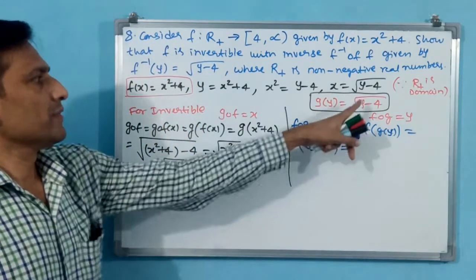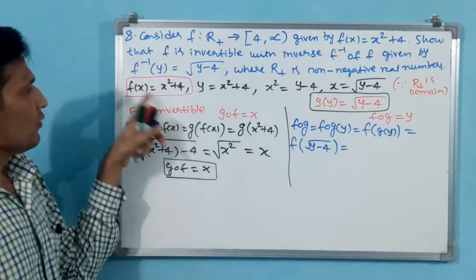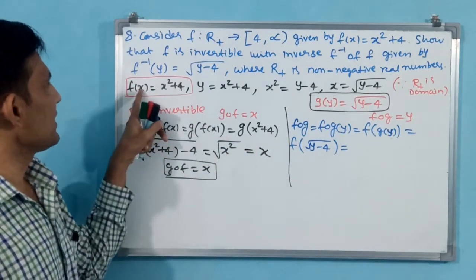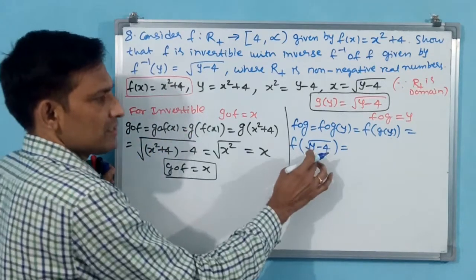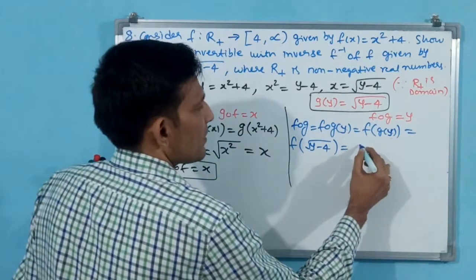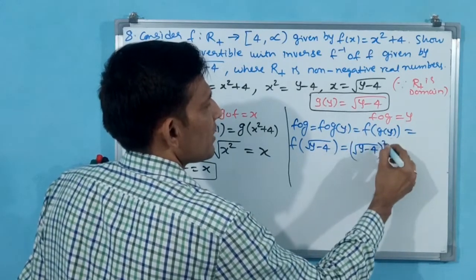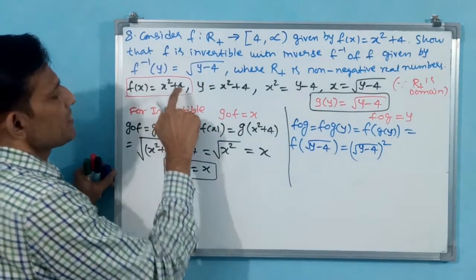This is Gy. Now this is F. If you give X, X square plus 4 will come. That means this is the square root of y minus 4, whole square, plus 4.